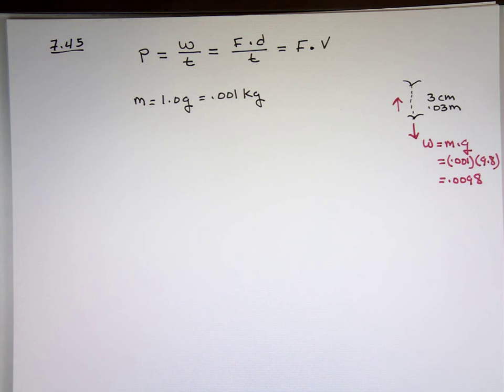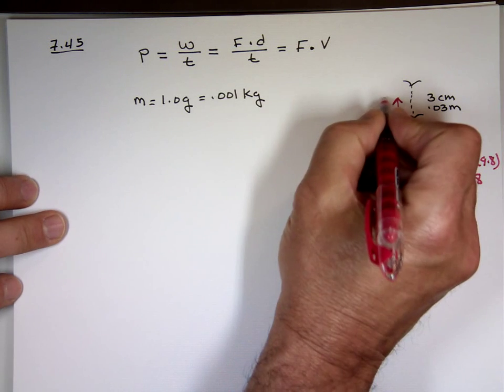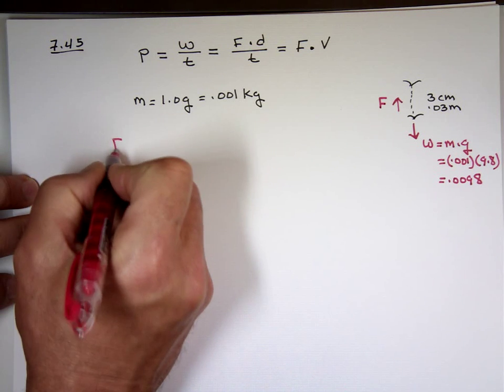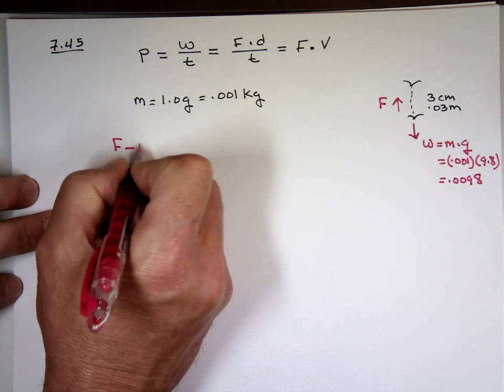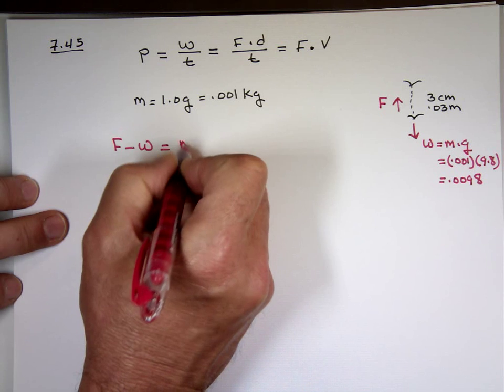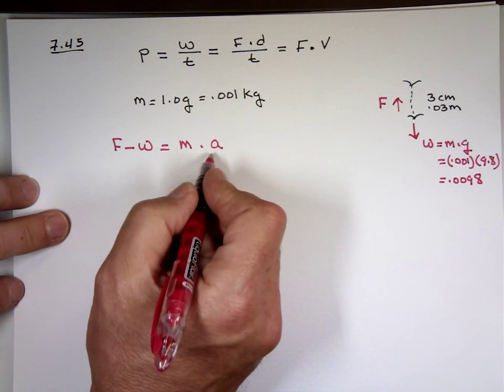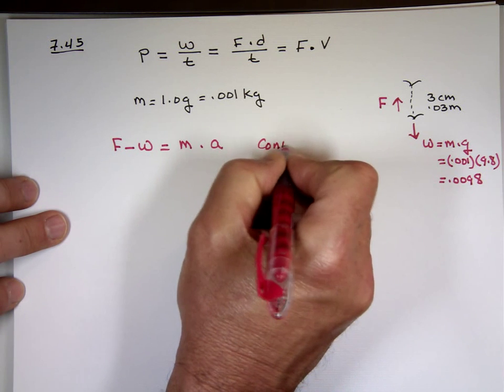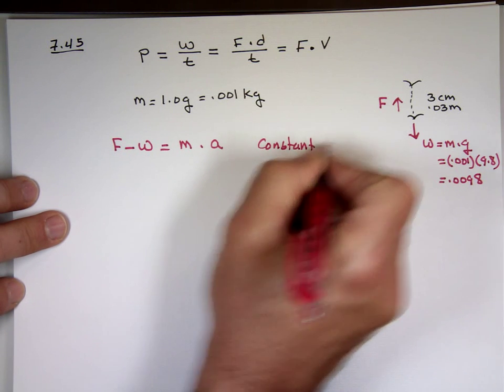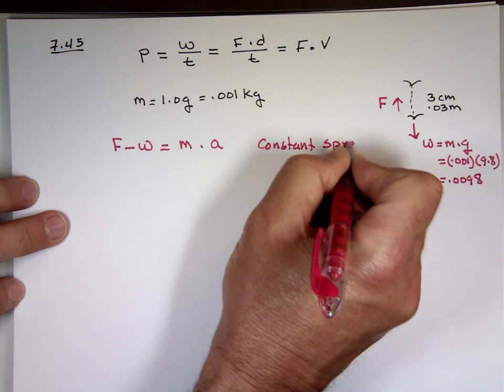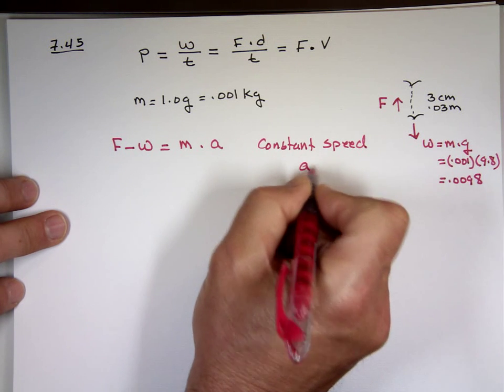And the reason I kept saying constant speed, because if it's moving upward, we take the force that the fly is using minus the weight. It's equal to the mass times acceleration. If you are moving at constant speed, your acceleration is what? What is the acceleration? 0.